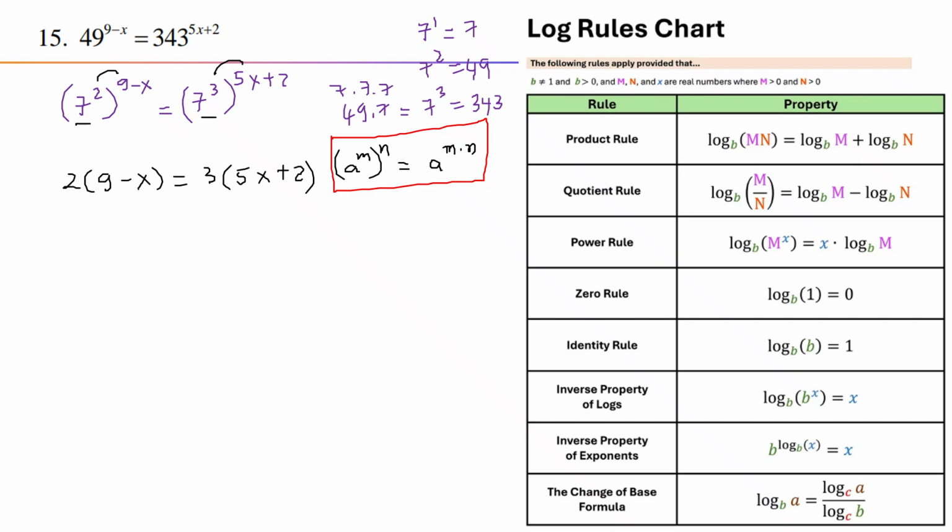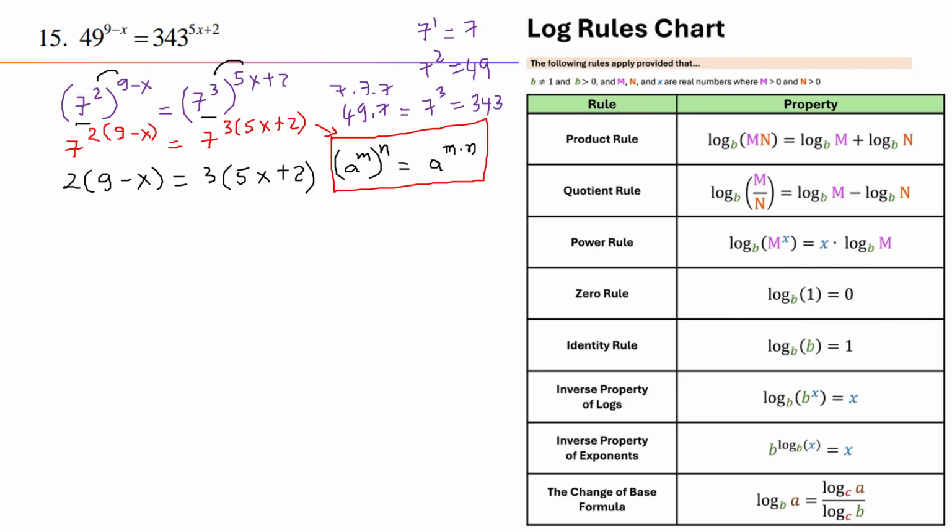You can skip that step, 7 to the power of 2 times (9 minus x) equals 7 to the power of 3 times (5x plus 2). You can skip that step because when you have the same base, you only need to set the exponents equal to each other. That's all we need. That's our target. So we kind of skip that step.